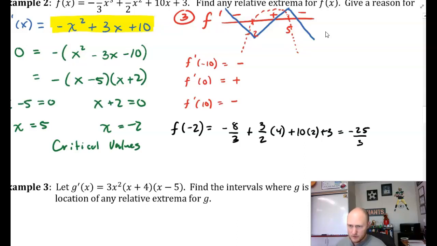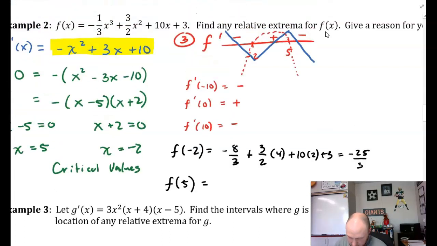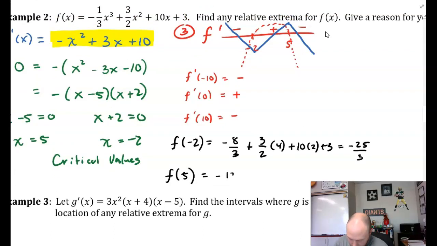Negative 25/3. And then if I do the same thing for 5, I'll evaluate 5. We get negative 125/3 plus 75/2 plus 50 plus 3, which ends up being 293/6. Okay, so I have the function values.